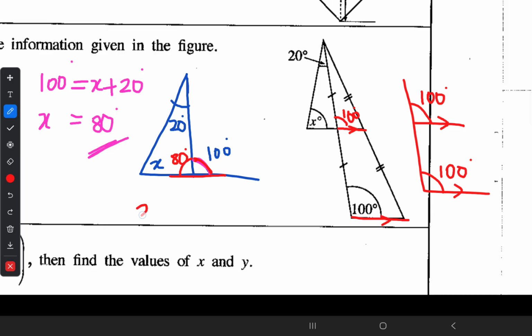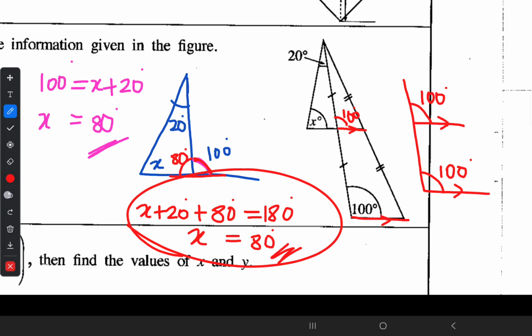So X plus 20 plus 80 equals 180. From 180, when we subtract 80 plus 20, that will give you X as 80. There are two methods. Either you can use the exterior angle equals the sum of interior opposite angles, or otherwise you can use this method.